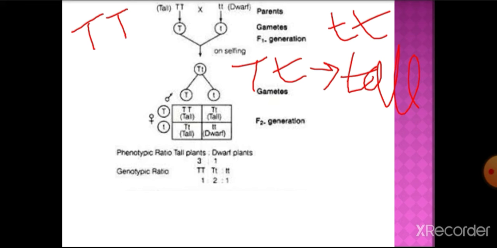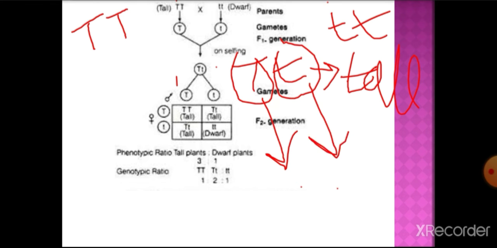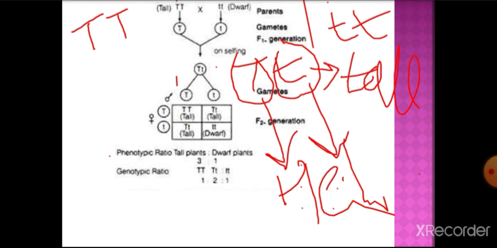But genetically, if we see, they were heterozygous tall, right? They were heterozygous tall because the two alleles, one is capital T, another is small t. So F1 generation was heterozygous tall.